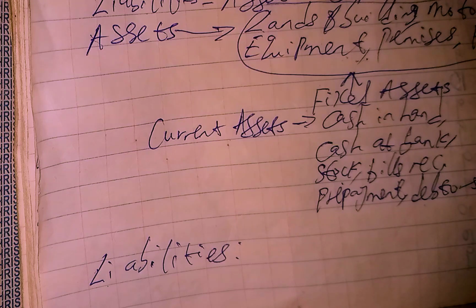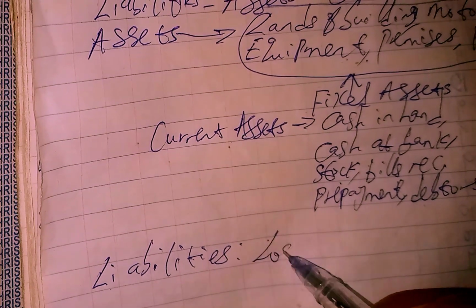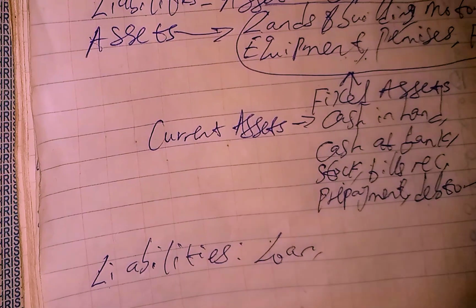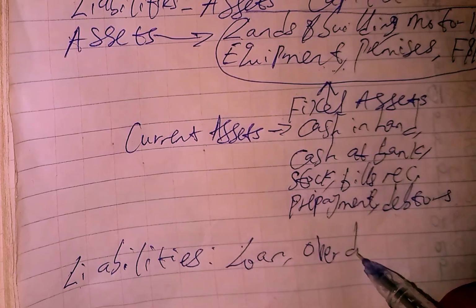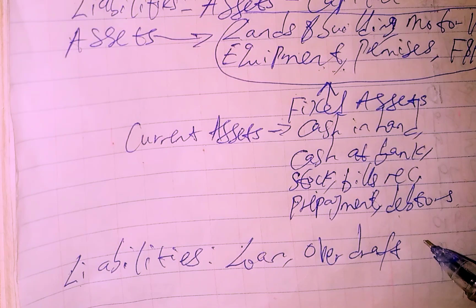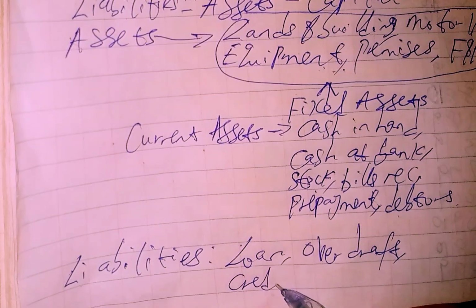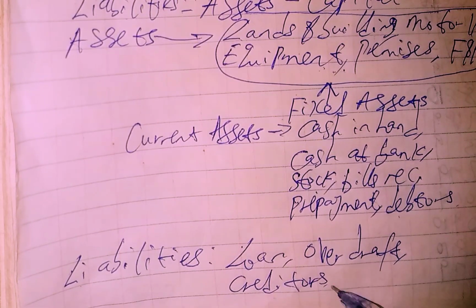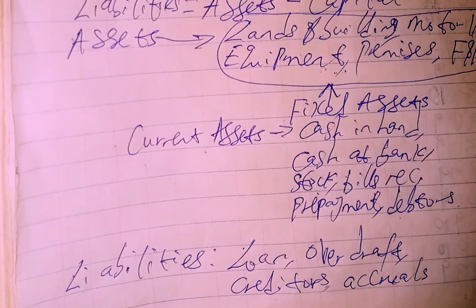It's simply the amount of money a company or a firm owes to outsiders. Examples of these liabilities include loan, overdraft, creditors, accruals, and so on and so forth.